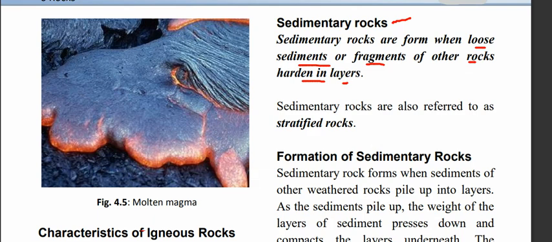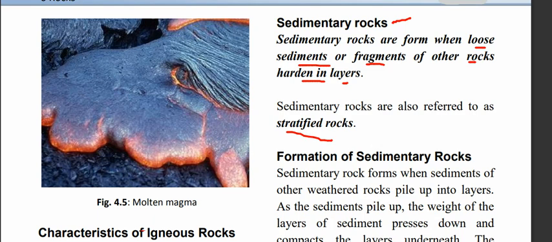We have small particles of other rocks, and over a period of time they come together and become hardened due to certain conditions, water, air, and the rest. These conditions make them harden, and then they form into rock. Sedimentary rocks are also referred to as stratified.